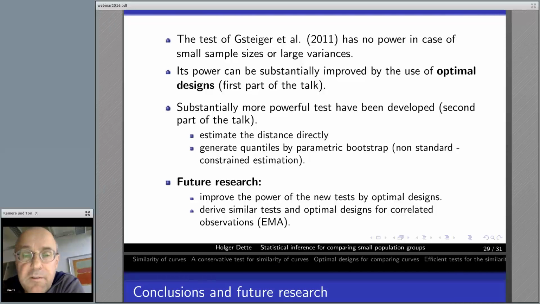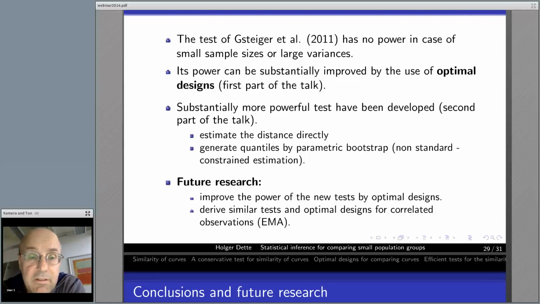The difference between the Steiger test and our approach is that the Steiger test somehow works with confidence intervals, but our test is based on an estimate of the distance between the two curves. Okay, and the other point is that we use a non-standard bootstrap approach to generate quantiles.